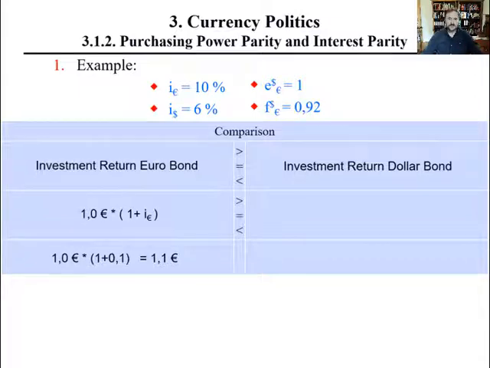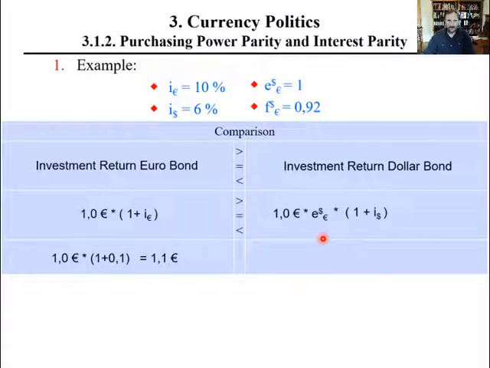If we want, however, to invest €1 in a dollar bond, we first must convert this euro into dollar. So here we have to use the spot exchange rate, because this transaction takes place today on the spot market. The resulting amount of dollar can then be invested in the dollar bond at the dollar interest factor.